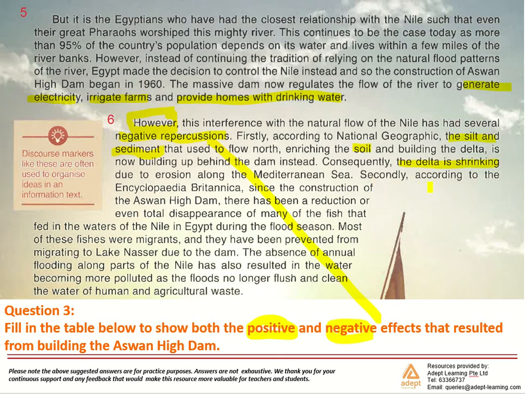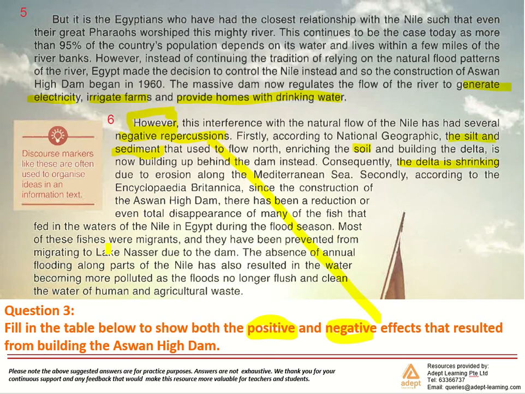Secondly, according to the Encyclopedia Britannica, since the construction of the Aswan Dam, there has been a reduction or even total disappearance of many fish that fed in the waters of the Nile in Egypt during the flood season. So the fish are disappearing.